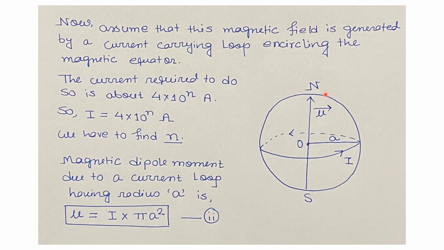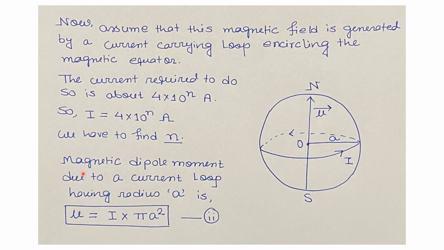The current required to do so is about 4 times 10 to the power n ampere, as given in the question. So our current I equals 4 times 10 to the power n ampere. We have to basically find this n value.